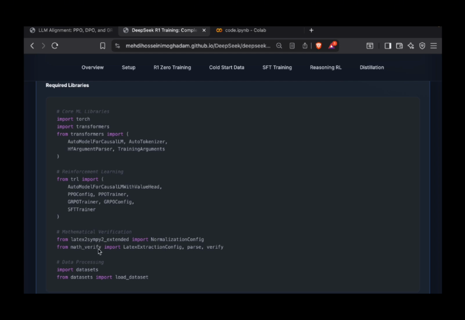So we import these functions to make sure that we can parse the LaTeX output and make sure that, for example, if the answer is 1/2, even if it is 2/4, they are technically mathematically the same. So these two libraries and functions would validate the output. And as I said, TRL is for reinforcement learning tasks, GRPO and PPO, and also the transformers. We import a bunch of other imports in order to load our Qwen model.